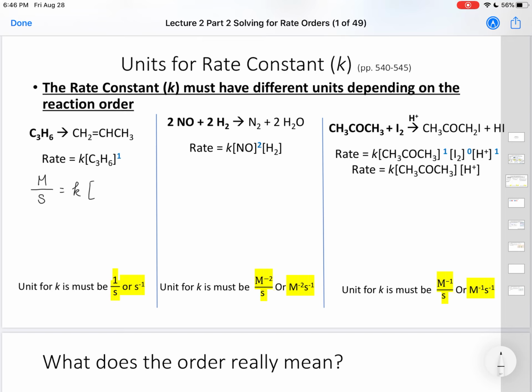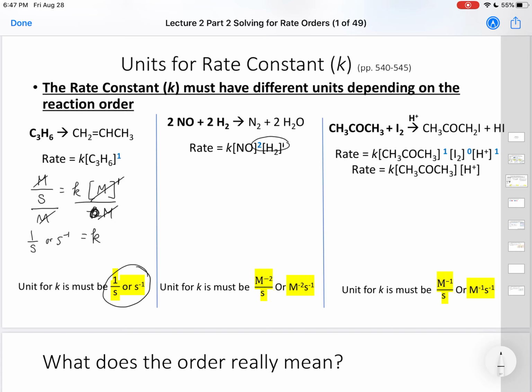It is equal to K, and in this case it is first order, so the concentration, in units of molarity, is raised to the first power. I'm going to divide both sides by M, and the M cancels out. So K is equal to M over S divided by M. The M cancels out, so really it is 1 over S, or we can say S to the minus 1. That's what the units for K are.